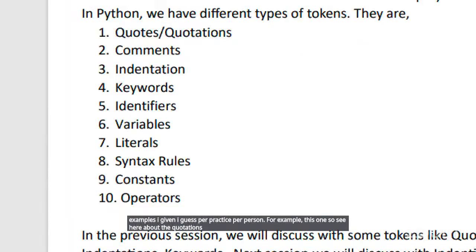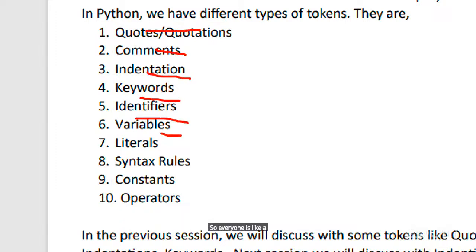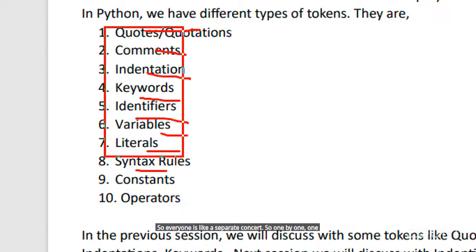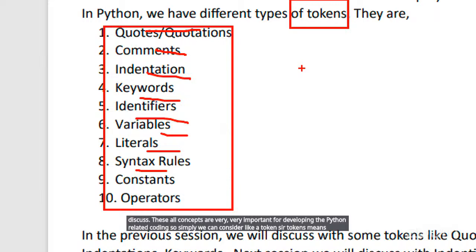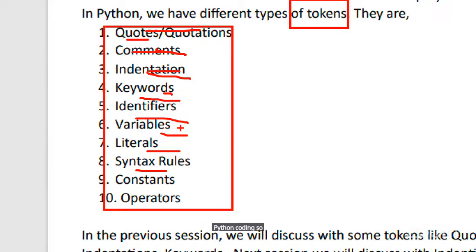These are some general terms we call quotations, comments, indentation, keywords. Each one is a separate concept, so one by one we will discuss. These concepts are very, very important for developing Python coding. We can simply consider them tokens. Tokens means general concepts which are required for developing Python code. So we have to discuss topic by topic.